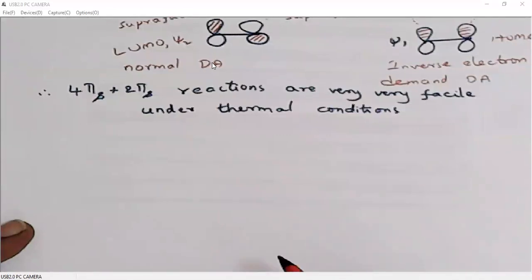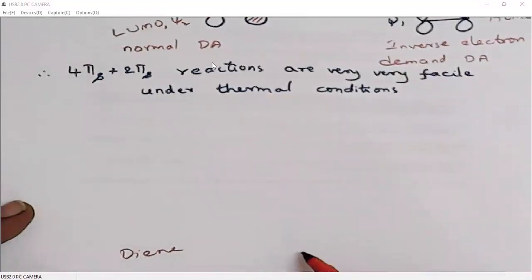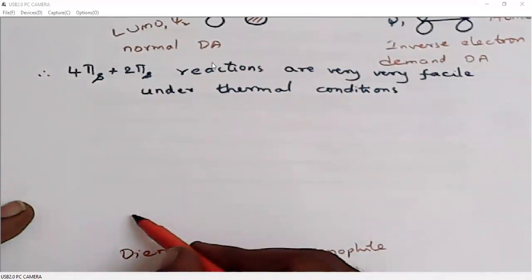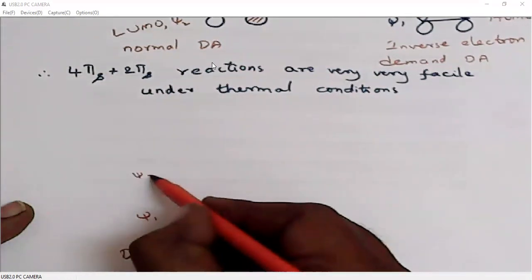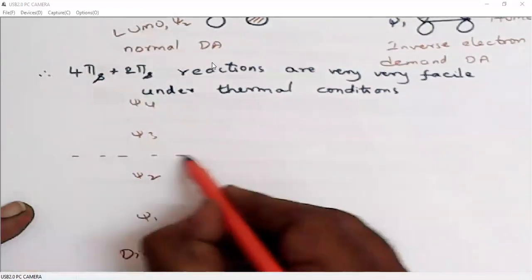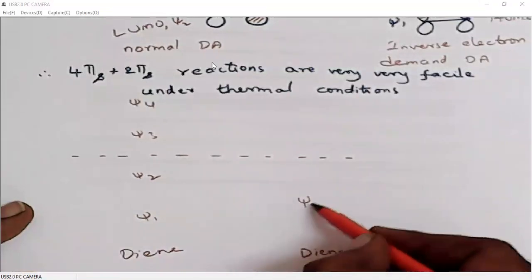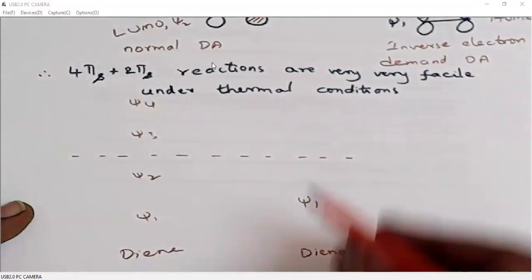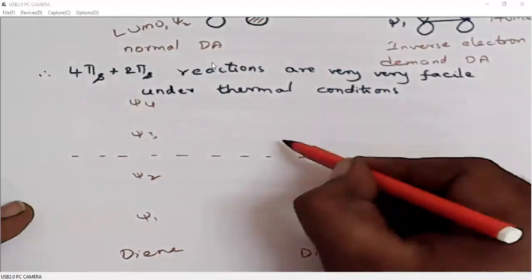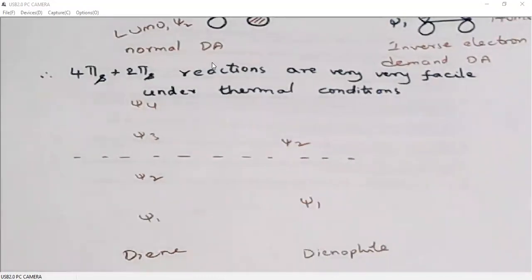When we have the diene energy levels, it is Psi1, Psi2, Psi3, Psi4. This is the mean energy level. Similarly, when we have the dienophile, it has two orbitals, Psi1 and then Psi2. Now you look at these two things.